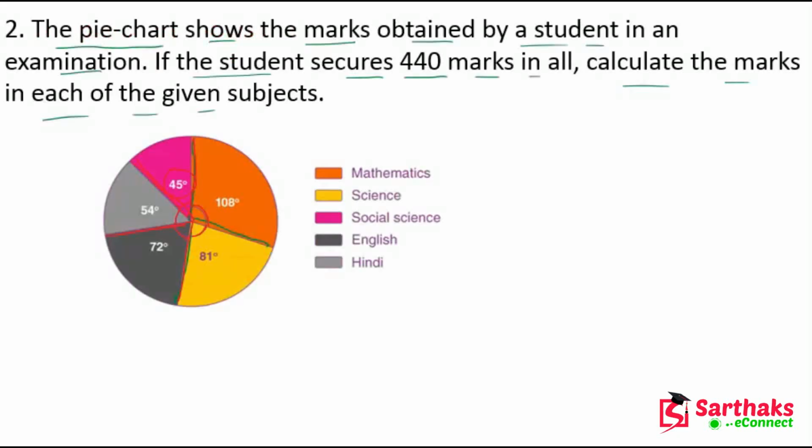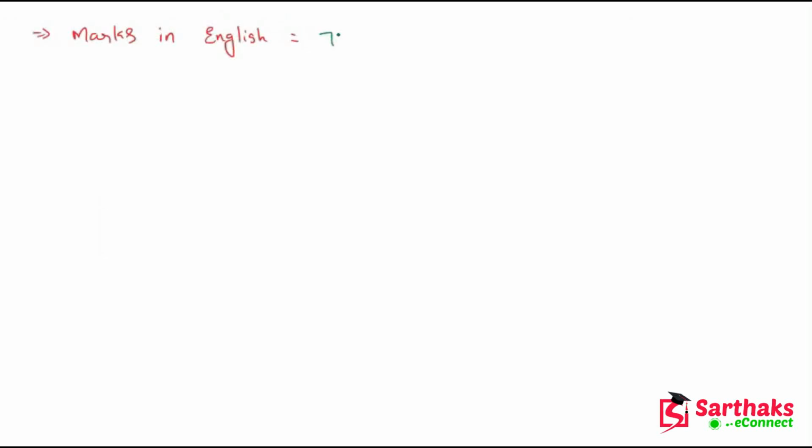Okay. Now marks in English. Here is the central angle. Central angle in English is 72 degree. So 72 upon 360 into 440. So this 0 is cancelled.